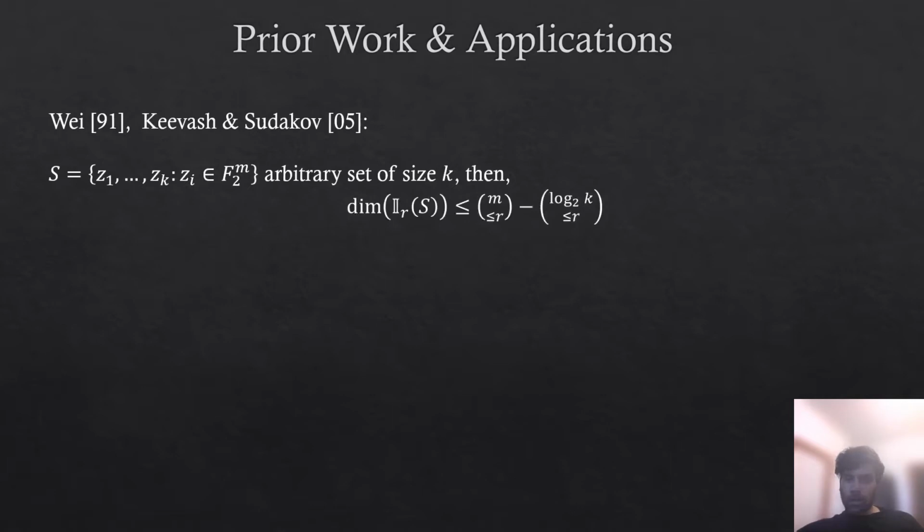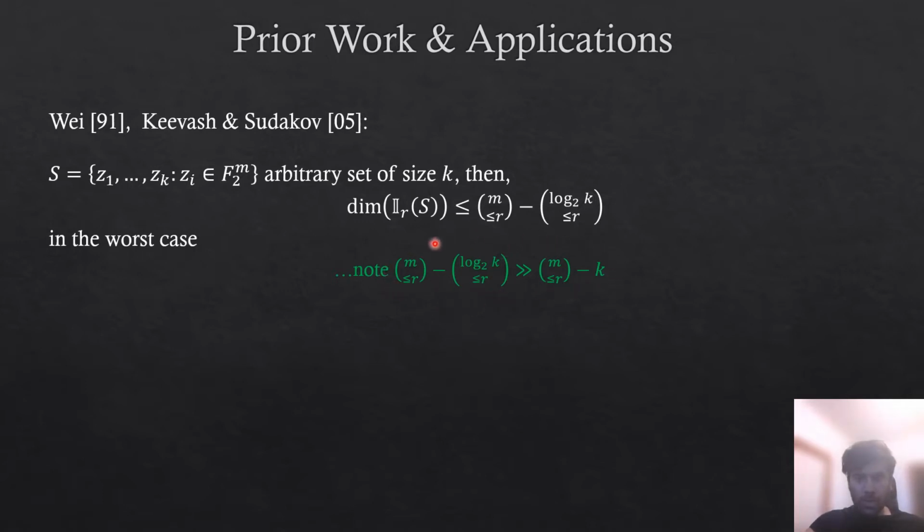And what they showed is that the dimension of I(R,S) is upper bounded by M choose less than or equal to R minus log K choose less than or equal to R, right? So they are not getting the maximum possible reduction, which was of size K, but the reduction is only log K choose less than or equal to R, which is going to be less than K. So this is exactly the comparison.